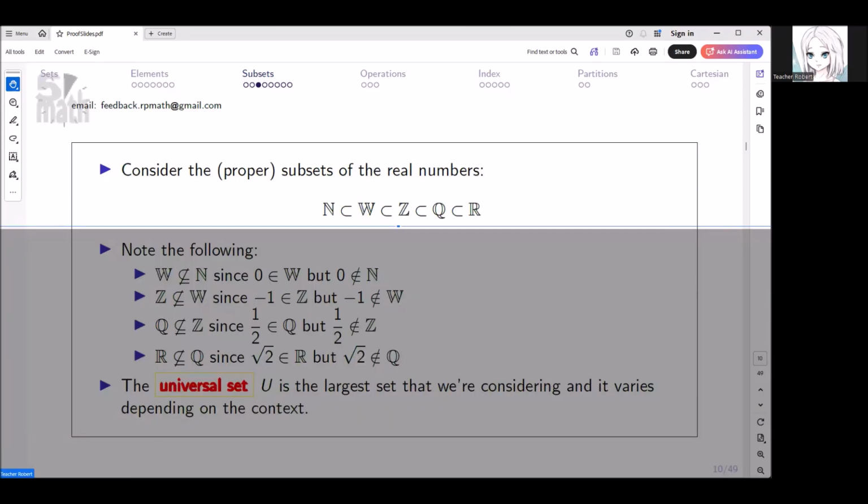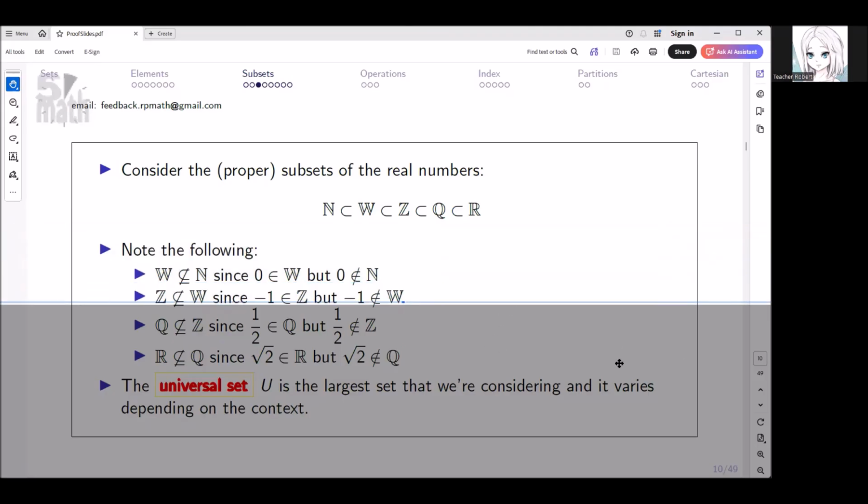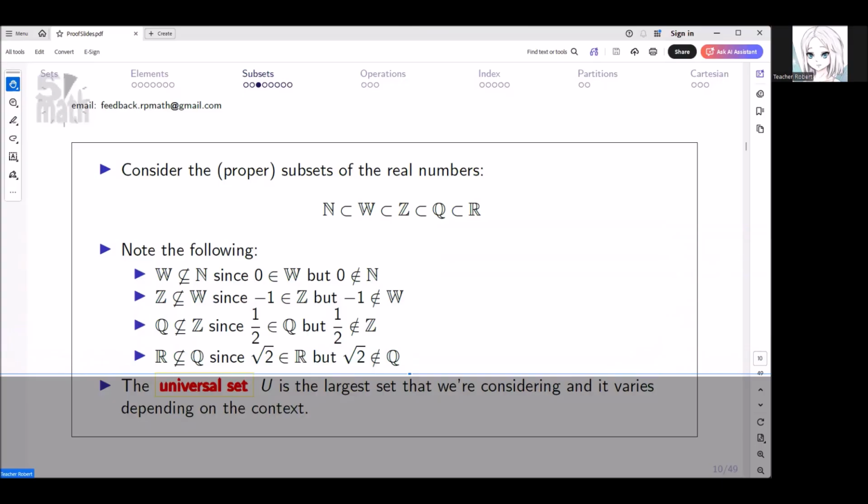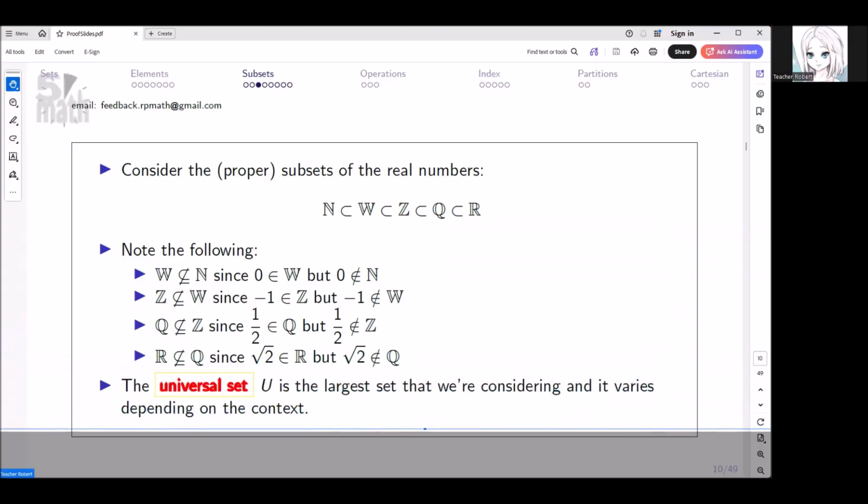Consider the proper subsets of the real numbers. Note the following. The universal set U is the largest set that we're considering, and it varies depending on the context.